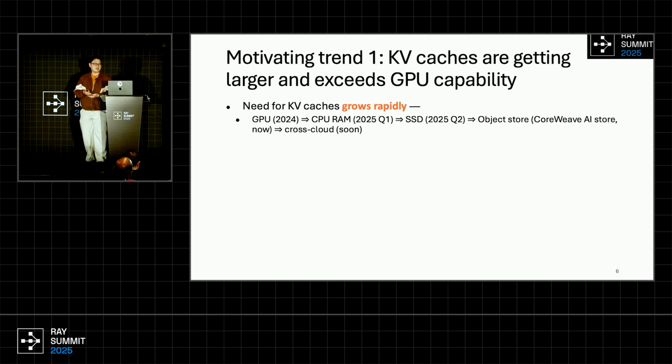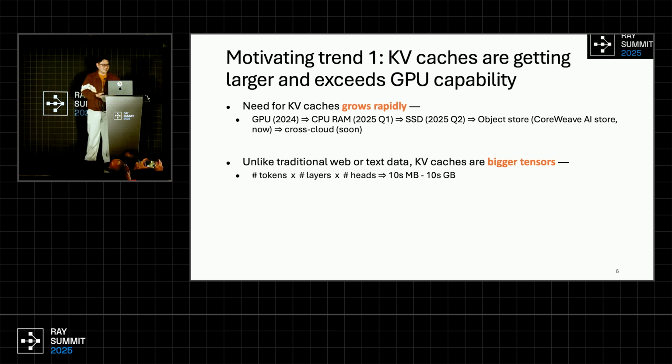Now we are seeing people using object stores. For example, we are collaborating with CoreWeave, using the CoreWeave AI store to store the KV caches. We envision that KV caches will essentially be cross-cloud, and it will be a huge infrastructure. That's why we need a project for this.